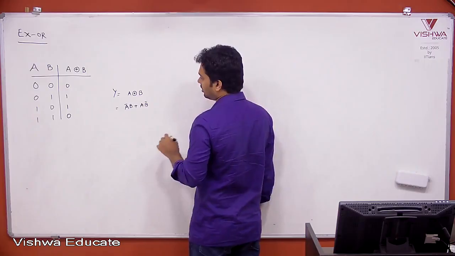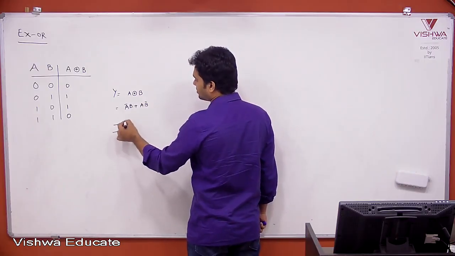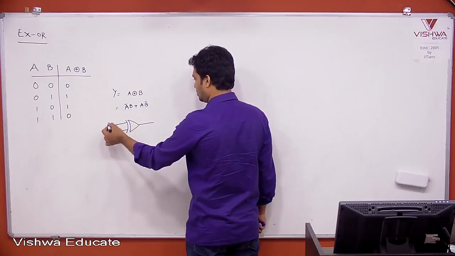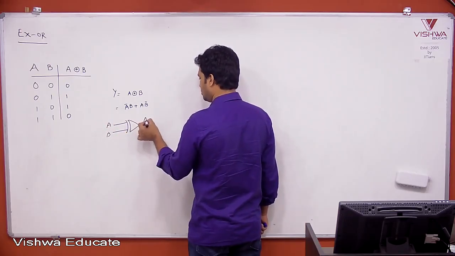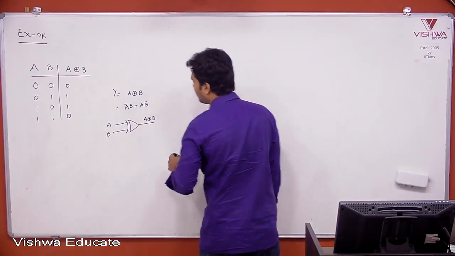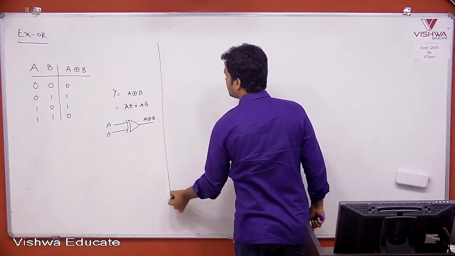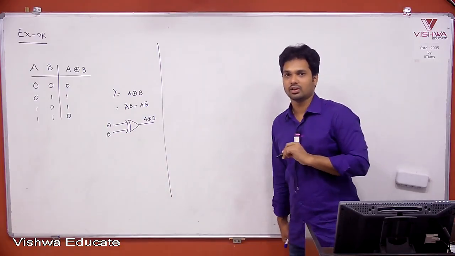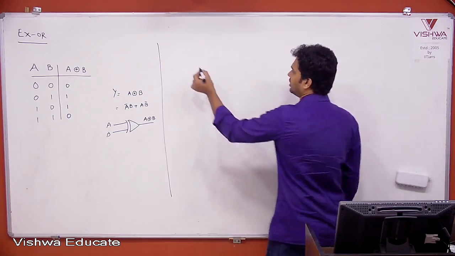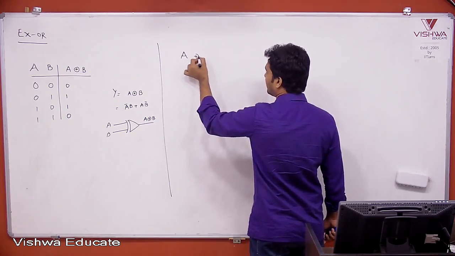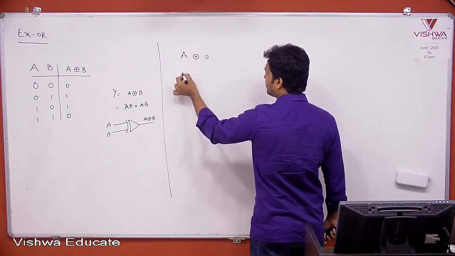This is the symbol for your XOR gate, with inputs A and B, A XOR B. Here are some important points about XOR gate. They are very important, listen. If in the XOR gate one input is A and the other input is 0, what happens?